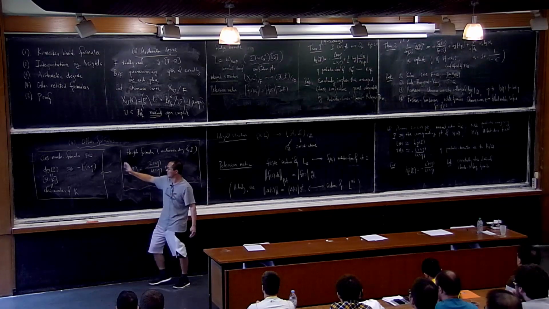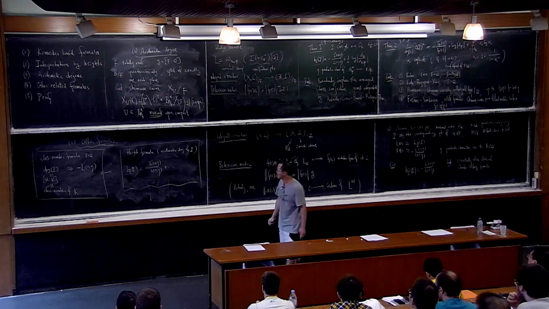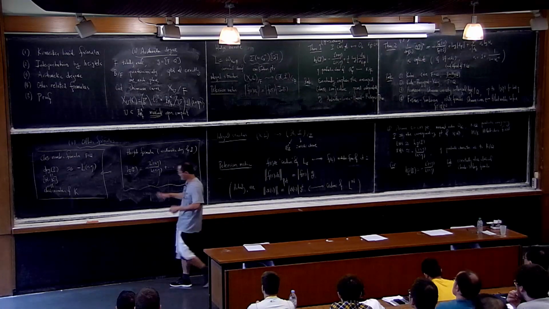So you change the geometric case to the arithmetic case, then the critical value becomes a derivative. This is always the case. So this is the second formula.